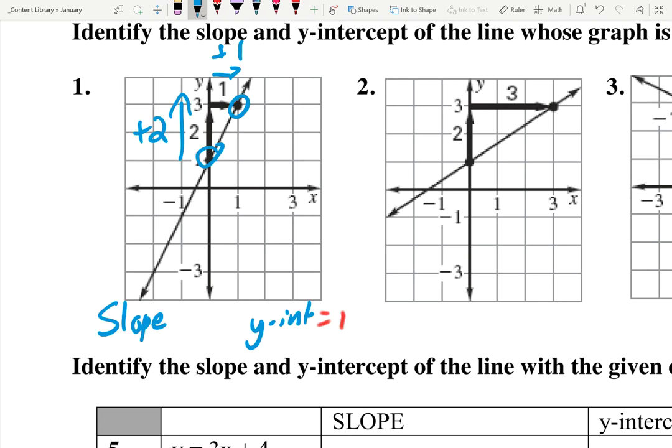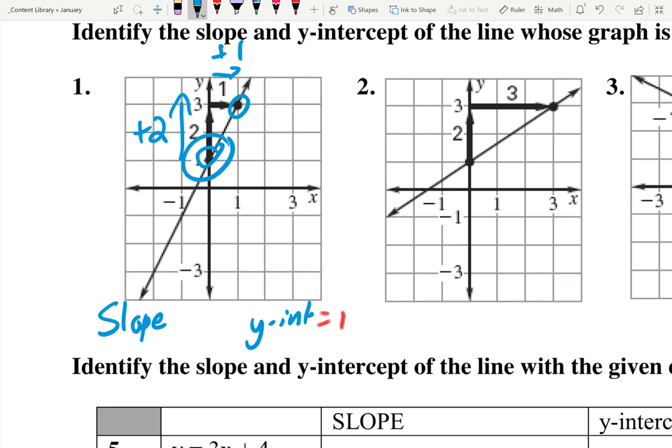We talk about slope as rise over run, rise being the change in direction up or down. If we're going from this point to this point, then we are going up 2 spaces to do that, so a rise of 2. And then a run is how far left to right it goes, because when you run, you run level to the ground, so left to right.